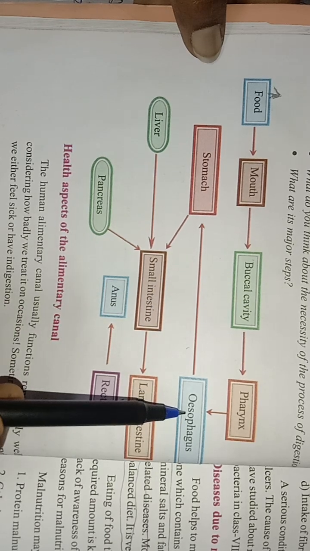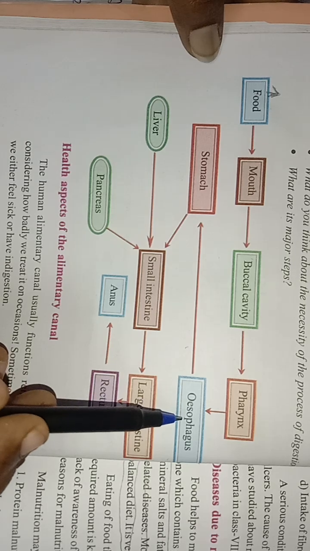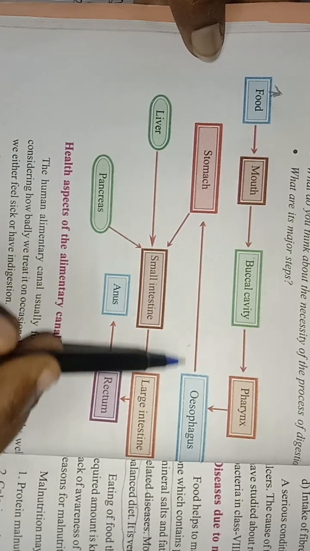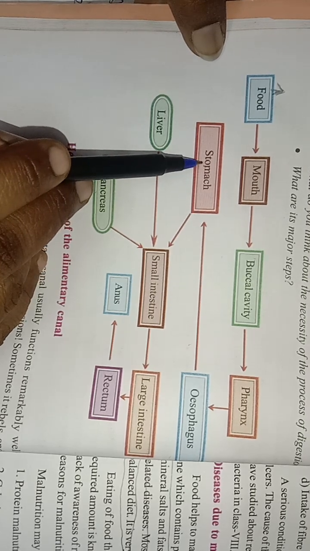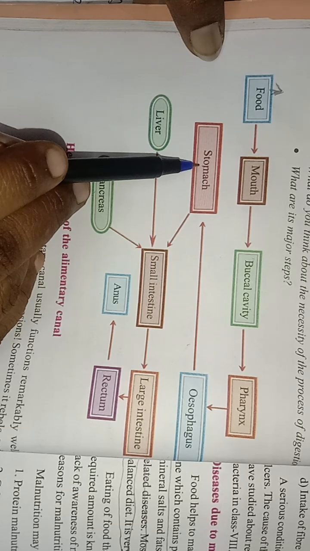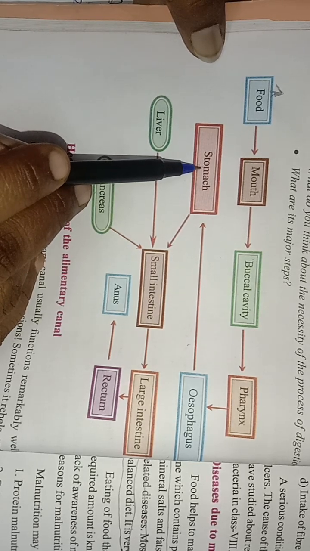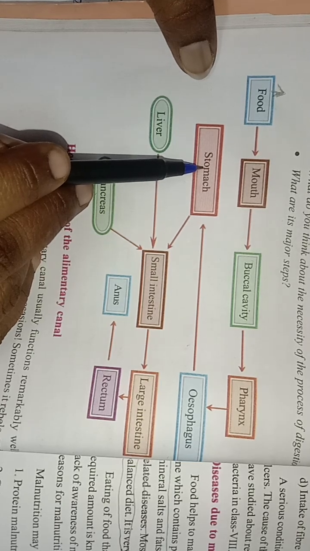But the special thing that we see here is peristalsis movement in esophagus. Next, it reaches the stomach. Then what is happening in the stomach? It mixes with the gastric juice and hydrochloric acid. Then now it is called chyme, right? So it is in semi-solid condition.